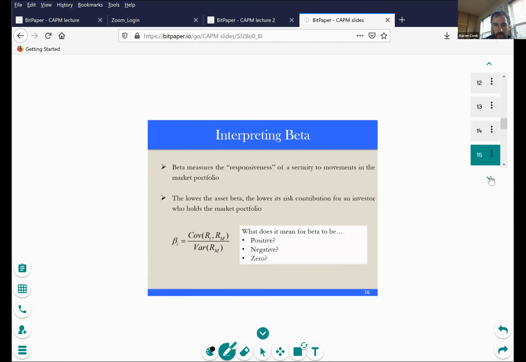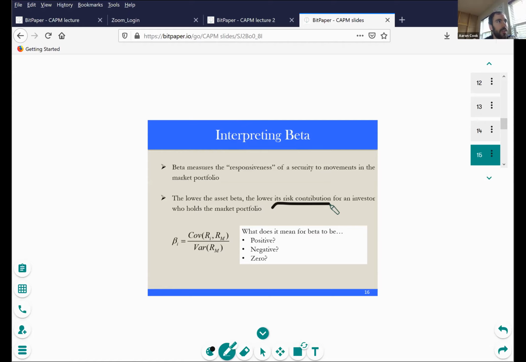So this is a key point here. The lower the beta, the lower its risk contribution to a diversified portfolio is going to be.